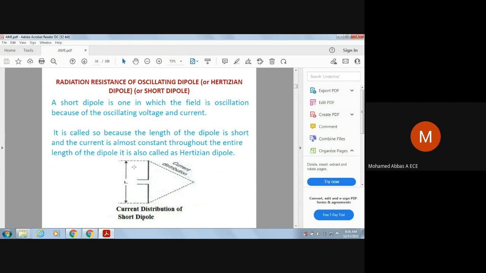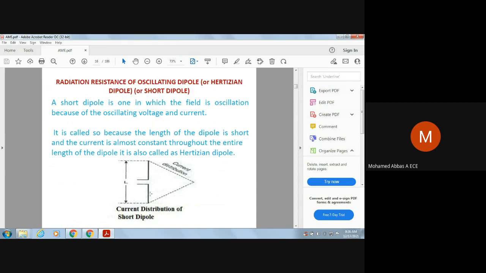Now we are going to calculate the radiation resistance of the oscillating dipole, which is otherwise called the Hertzian dipole or short dipole. As I already discussed, a short dipole is one in which the field is in oscillation because of the oscillating voltage and current. Refer to this diagram, which shows the current distribution of a short dipole. You can see that it is somewhat triangular in shape.